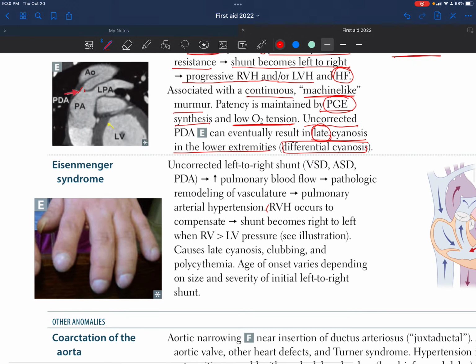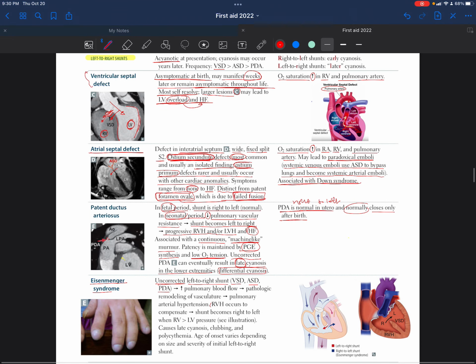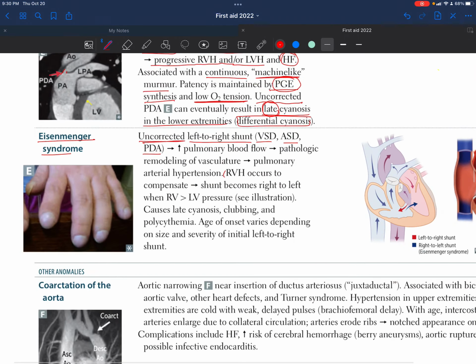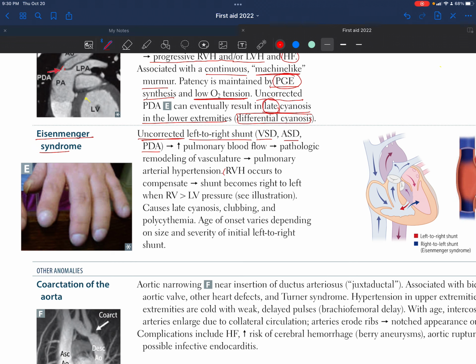Now we're going to go to the Eisenmenger syndrome. So it is uncorrected left to right shunt, like VSD, ASD, and PDA. So all these diseases that we talked about that are left to right shunts, if they're uncorrected, they may end up as Eisenmenger syndrome. So there is an increase in pulmonary blood flow.